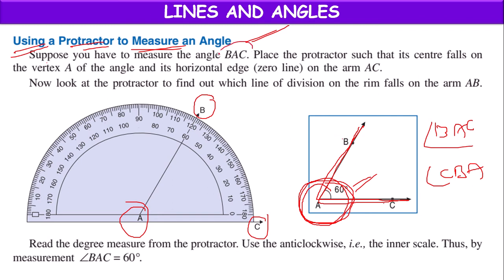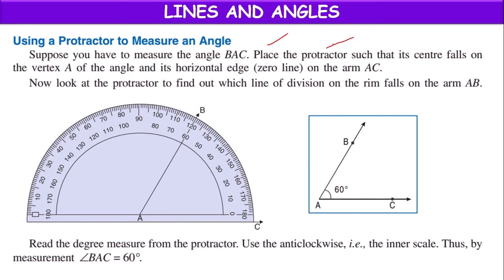Suppose we want to measure the angle BAC. So for measuring angle BAC with the help of protractor, we have to place the protractor such that its center is center.